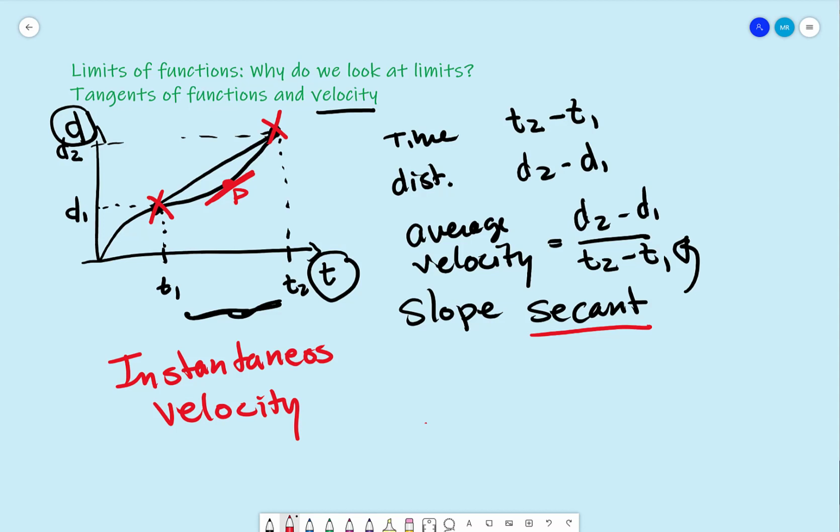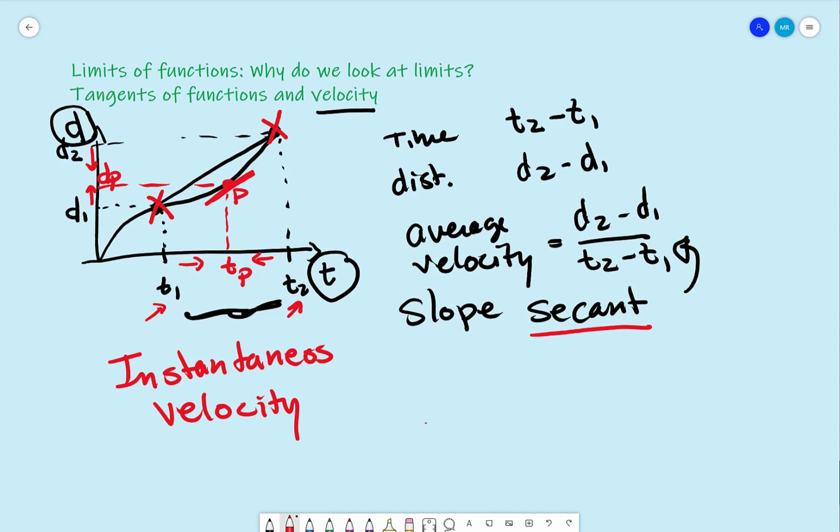Well, one way to get at this slope is to try to take points t1 and t2 that get closer and closer to our time at P. So we're going to move t1 towards tP and t2 towards tP, and necessarily d2 and d1 will move towards whatever the value is at this point P, the distance.